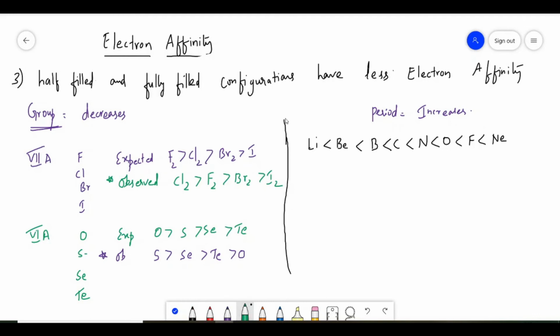So in the exams, you should not write the expected. We have to write the observed. Now let us see what is the observed electron affinity.